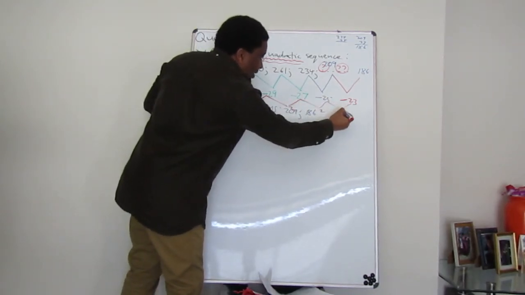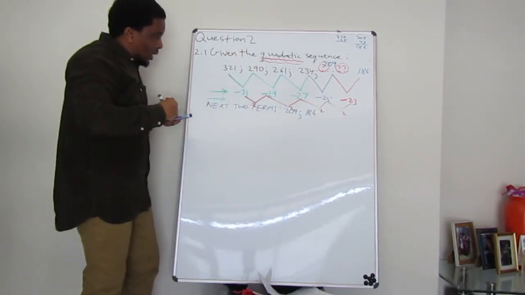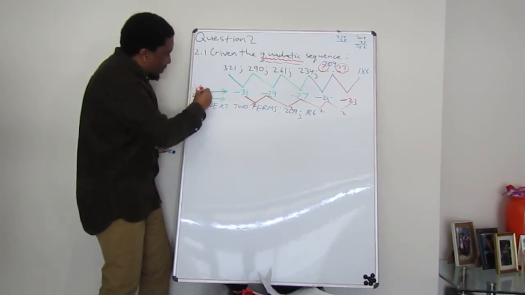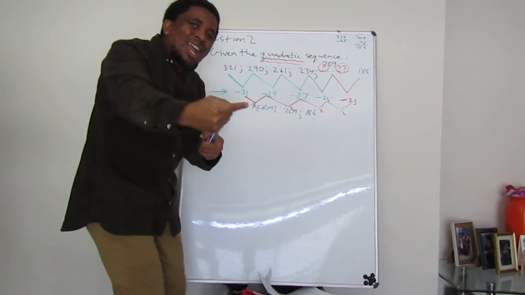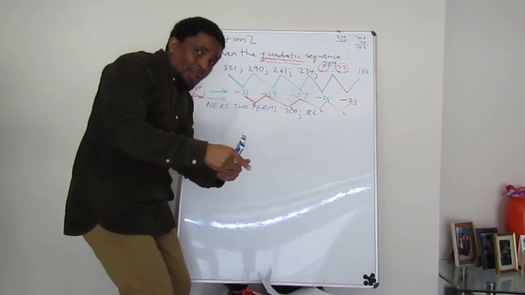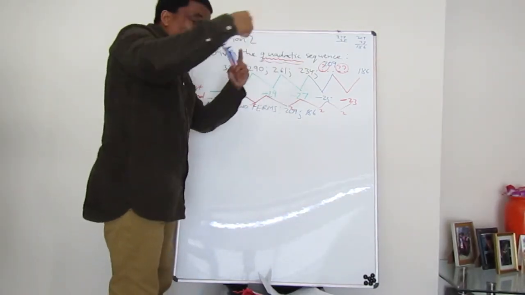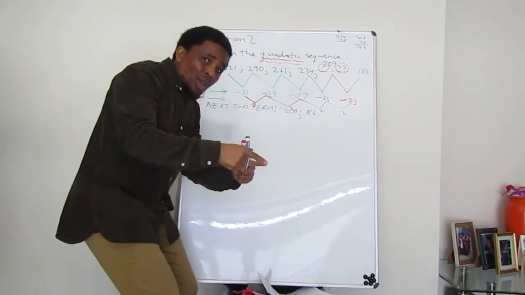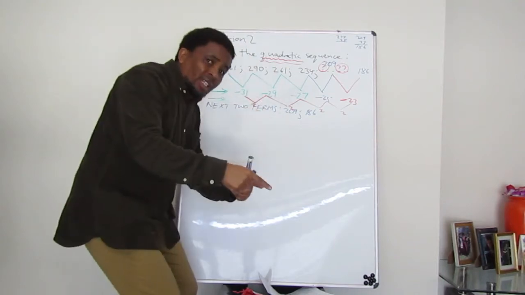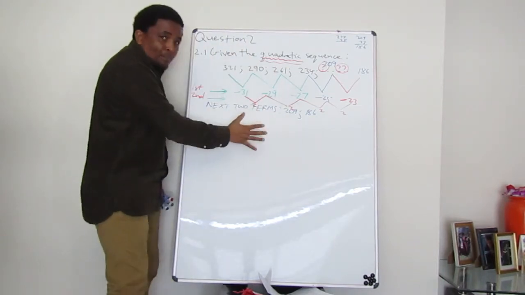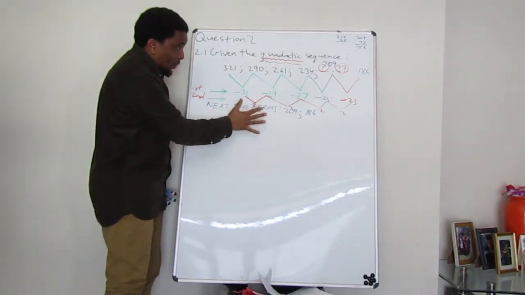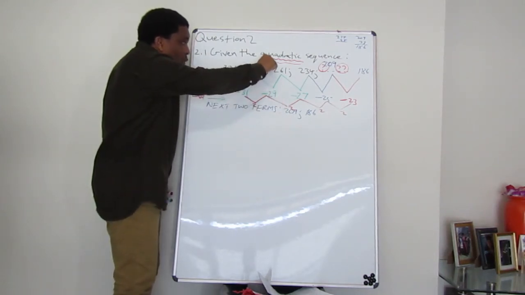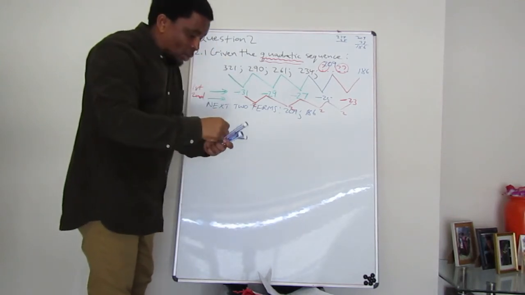From this term to that term, the difference is 2 units, and again 2 units, and again 2 units. So this is my first line and this is my second line. This is characteristic of a quadratic sequence. That's very important for you to understand. When you look at these differences, that's what we mean by a quadratic sequence.